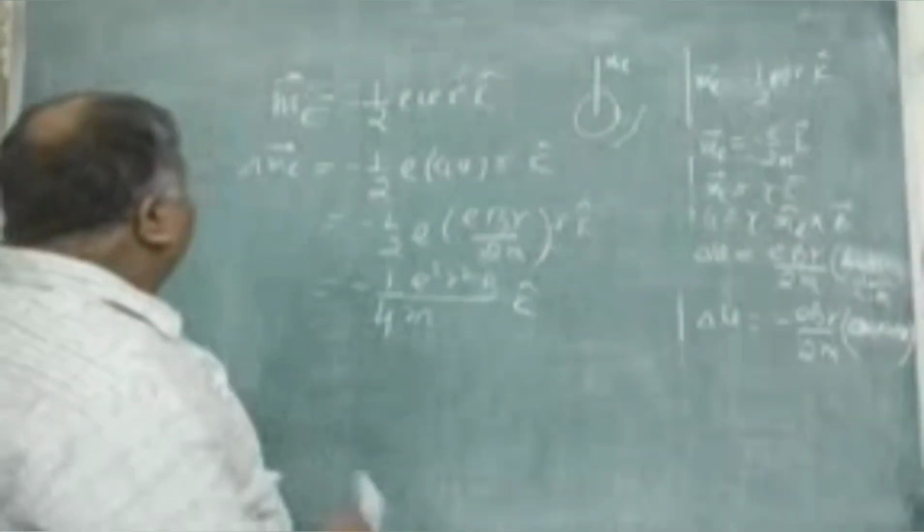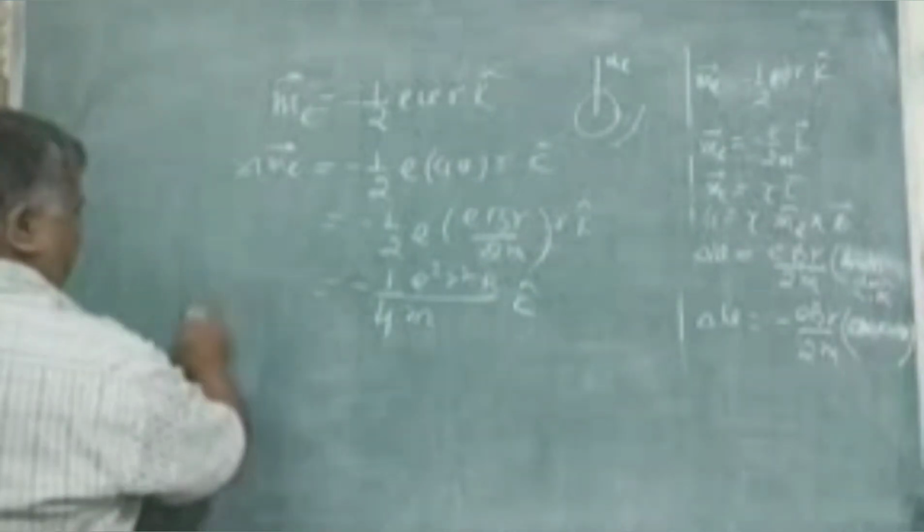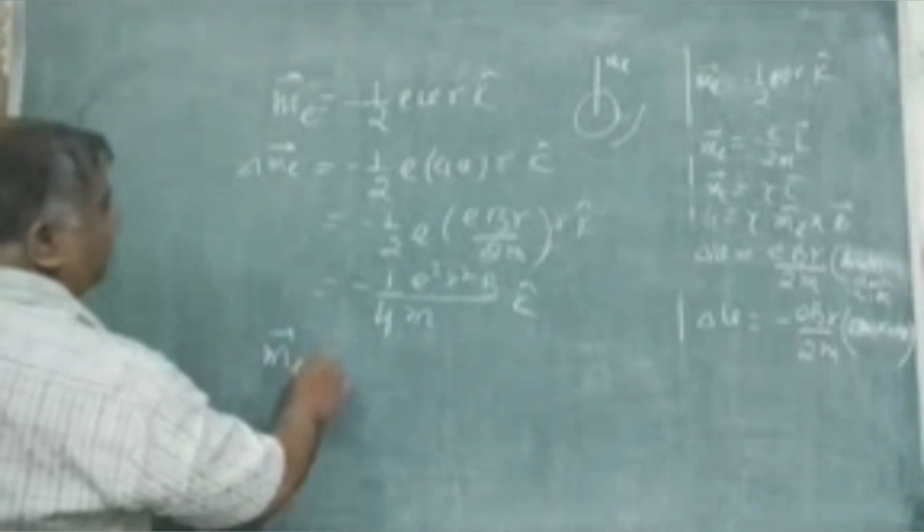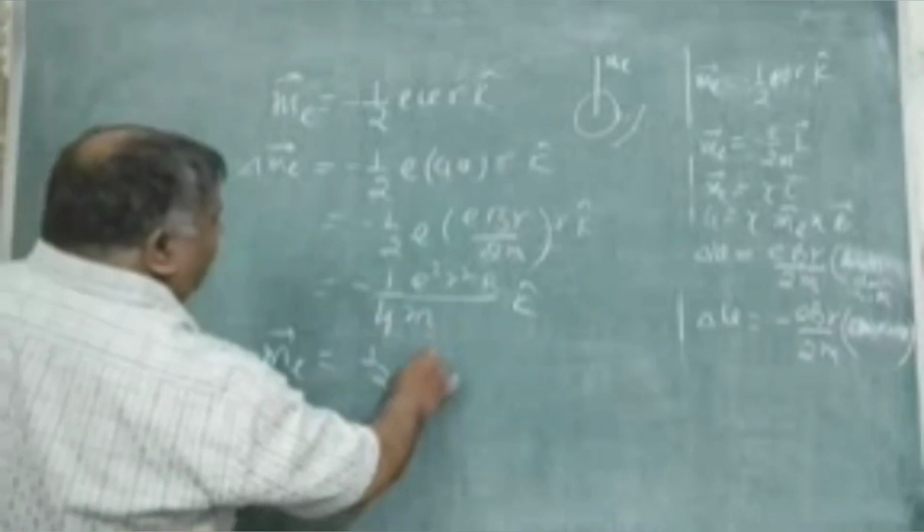So, for such a situation, ML is plus half EVR k cap.